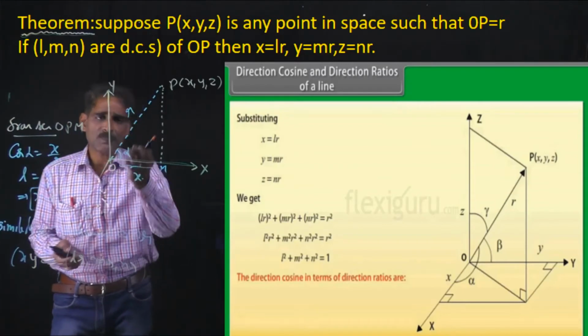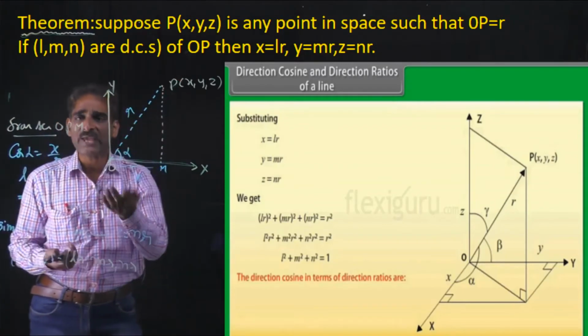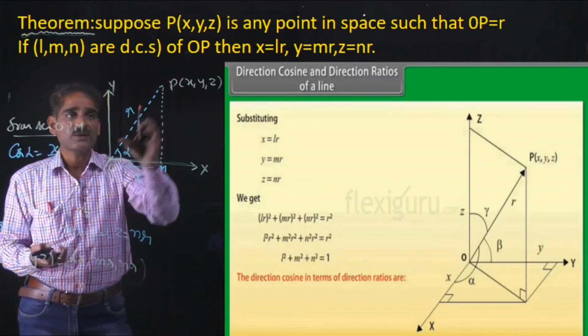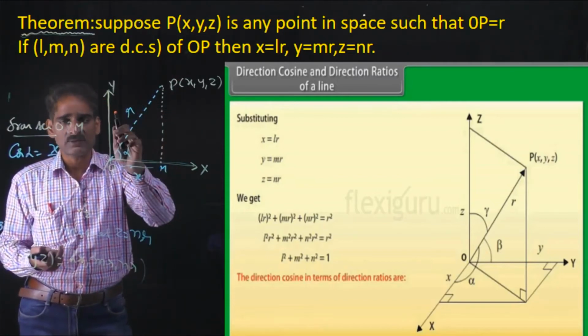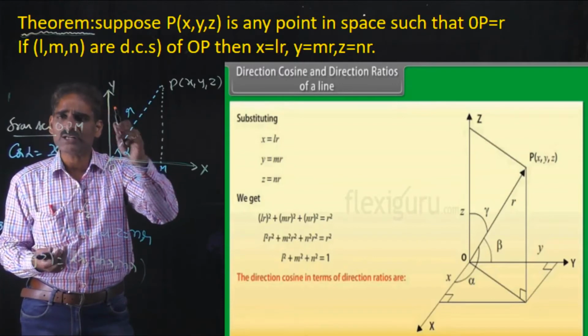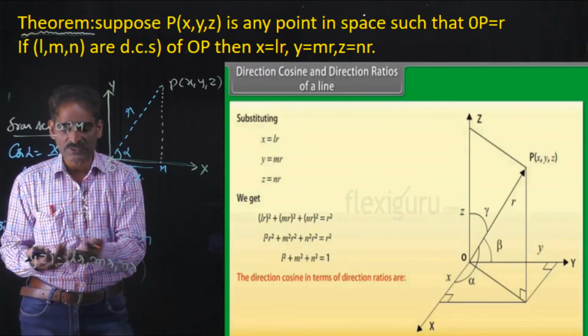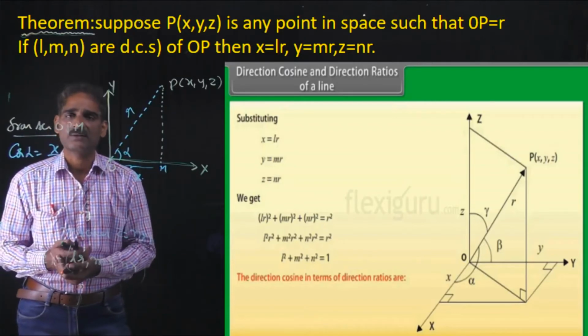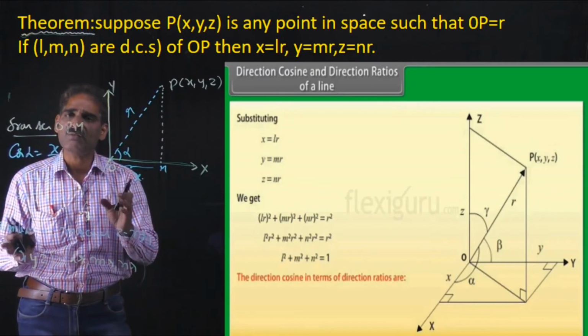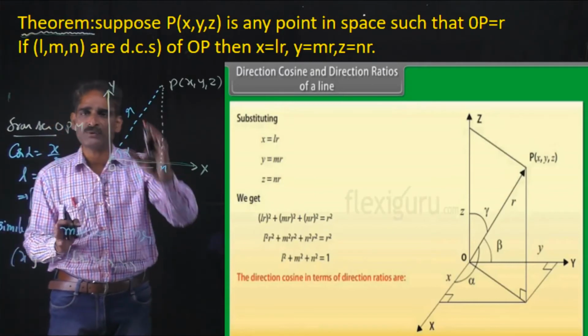Understand? We can draw perpendiculars from P to the remaining two axes also. We can form a triangle with hypotenuse OP, and those two make some angles beta and gamma. In that case, we can find out cos beta, and from that we will get y is equal to mr and z equal to nr. So let us take alpha, beta, gamma as the angles made by OP with the three coordinate axes.